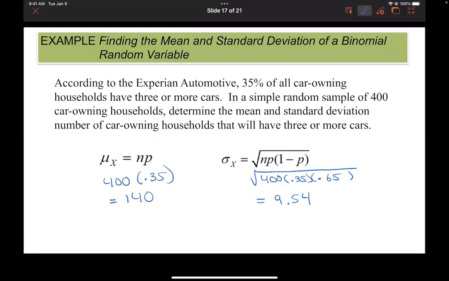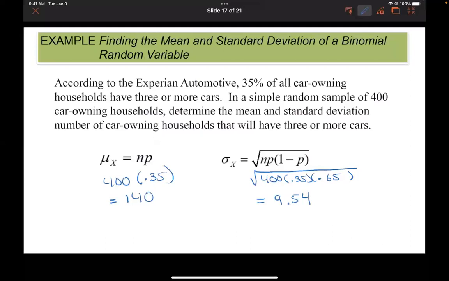So here the standard deviation means exactly the same thing that it meant before. It still is, 1 standard deviation away, 68% of our samples of size 400 would have around 140 cars, and 2 standard deviations away, 95% of our samples. If I kept taking random samples of 400, 95% of them would have the mean within 2 standard deviations.